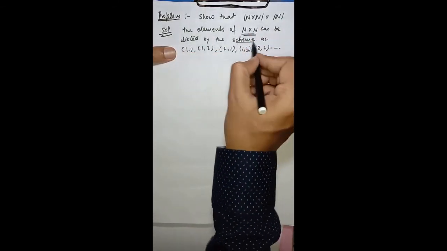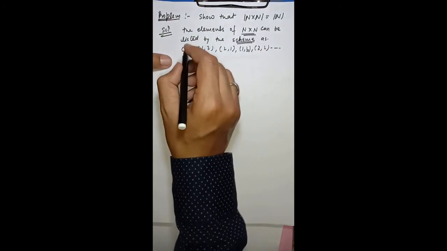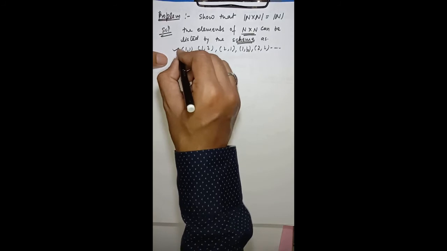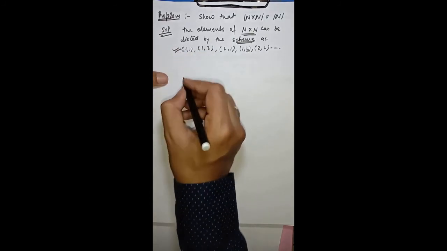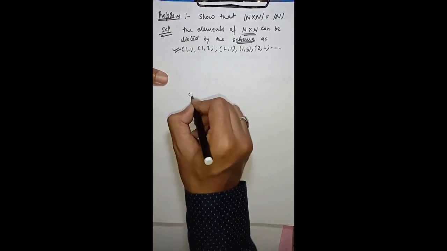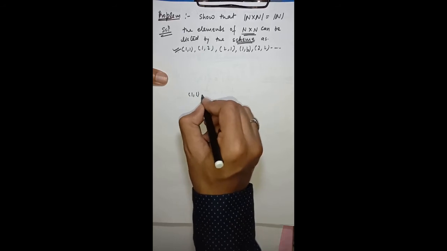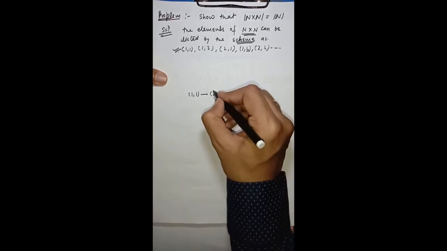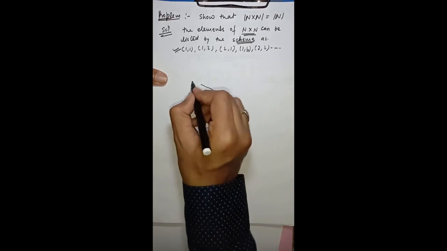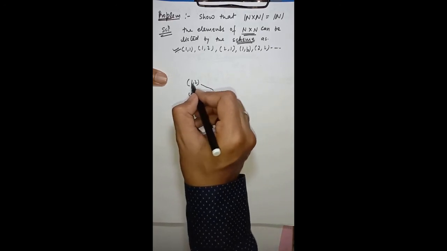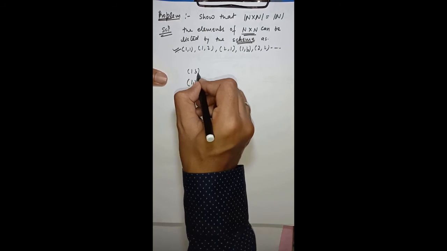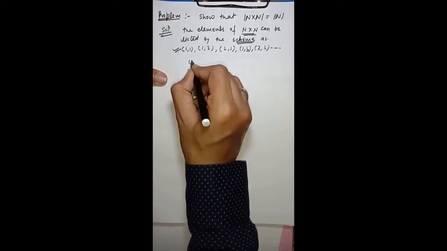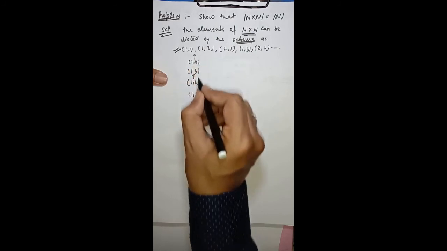And now we have a scheme, we can list these numbers as (1,1), (2,1), now (1,2), (1,3), (1,4), and so on.